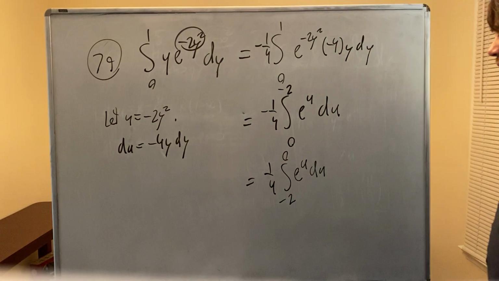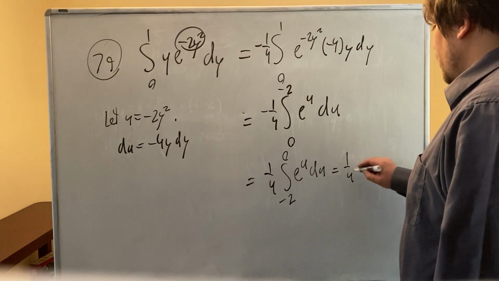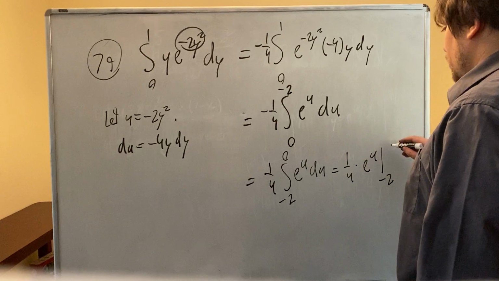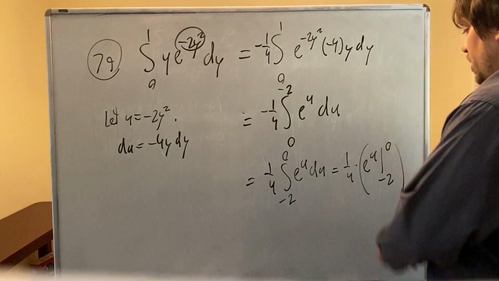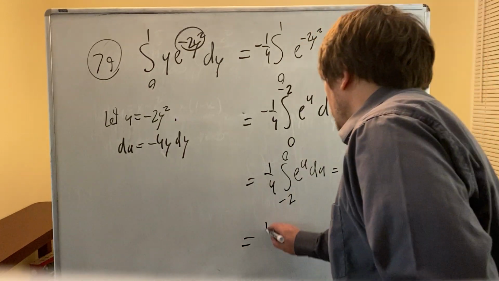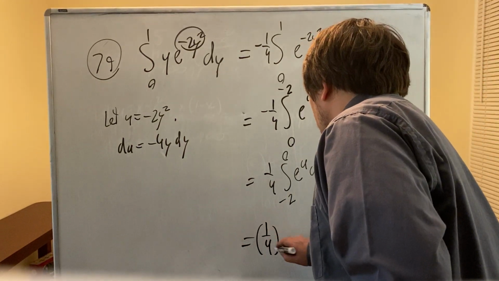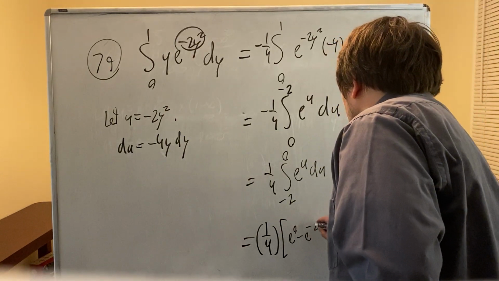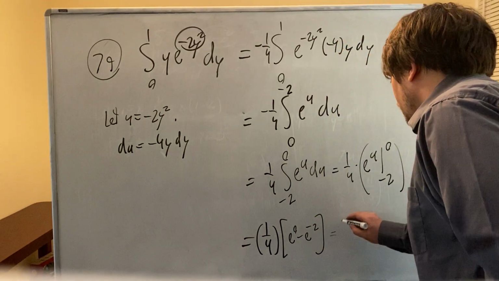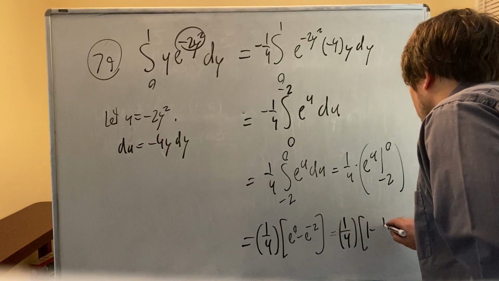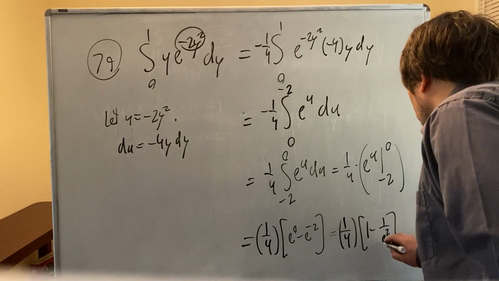Okay? So this equals 1/4 times e to the u, evaluated from negative 2 to 0. Because e to the u is the antiderivative itself, right? So this is equal to 1/4 times e to the 0 minus e to negative 2. This is equal to 1/4 times 1 minus 1 over e squared.